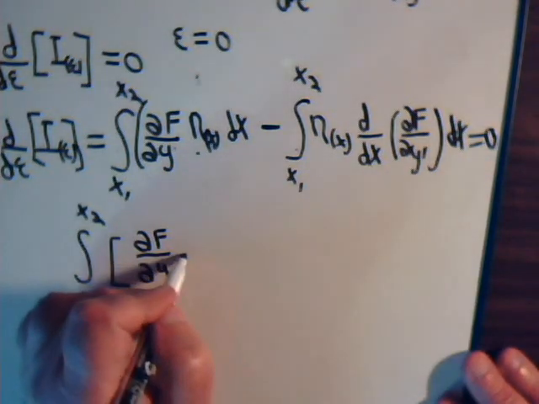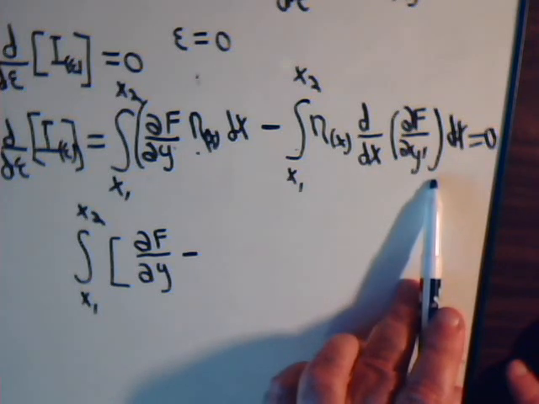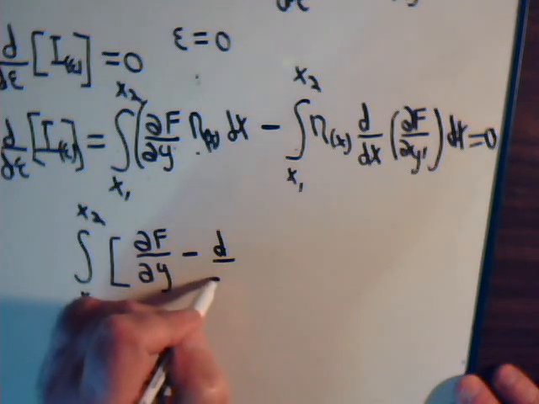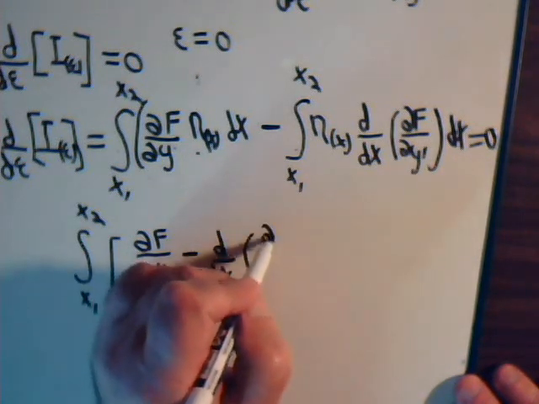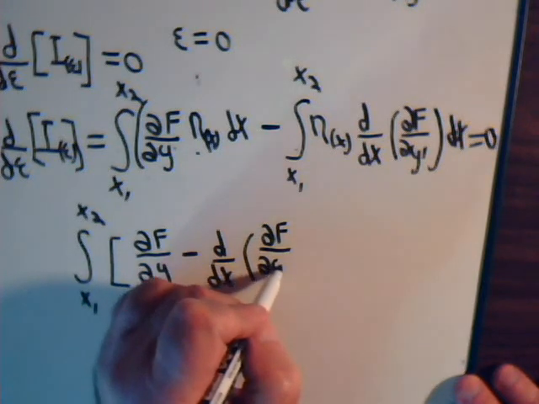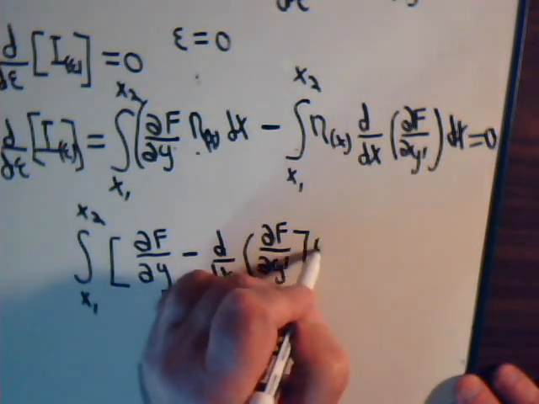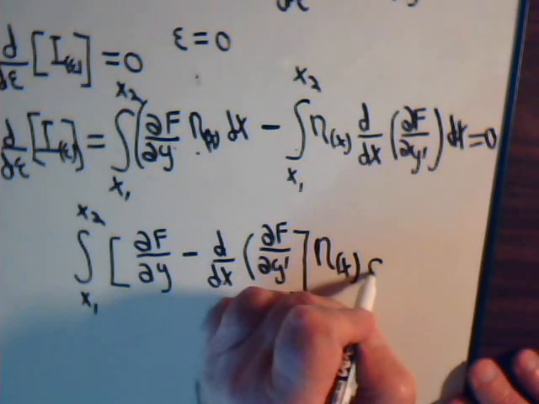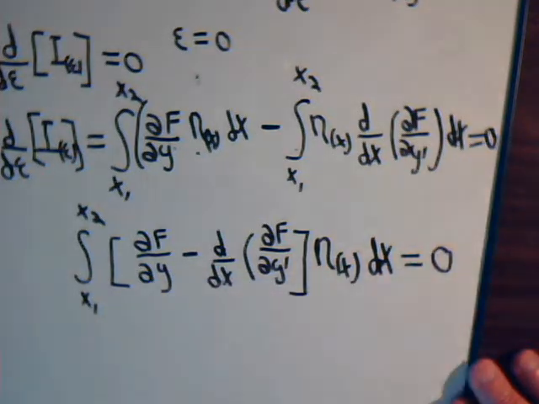Then we're going to have minus d/dx, this term, the partial of f with respect to y prime, times nu of x dx. And that has to equal 0.